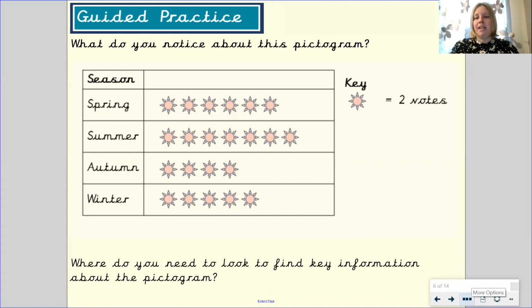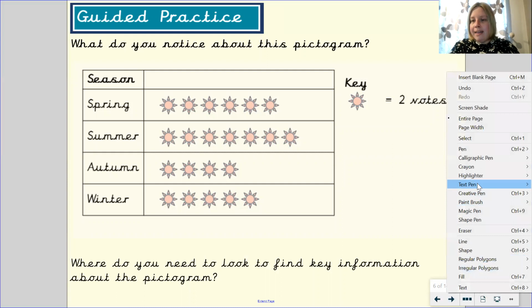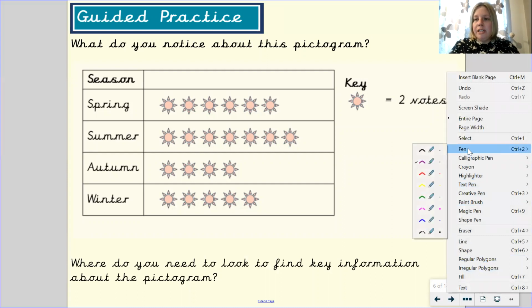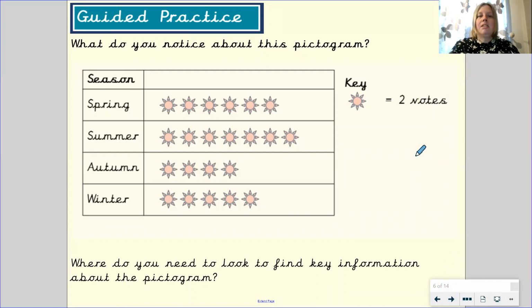Let's do some counting. I'm going to get my pen so that I can write on it. So let's find out how many people like spring. Let's count in 2s because each sun represents 2. Count with me. 2, 4, 6, 8, 10, 12.